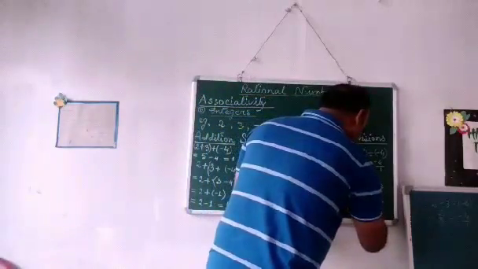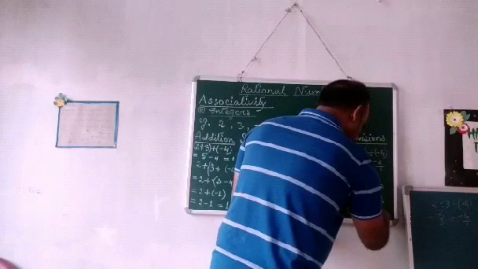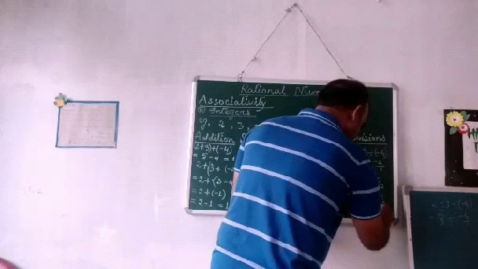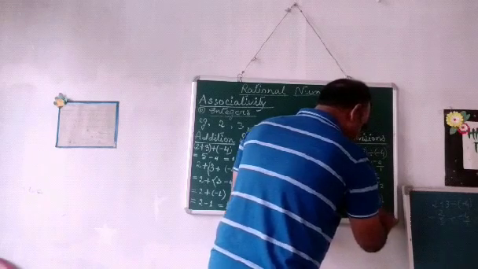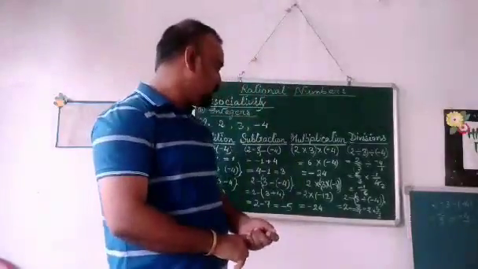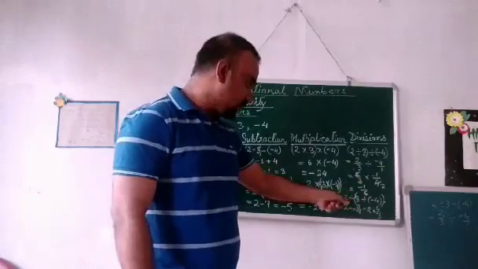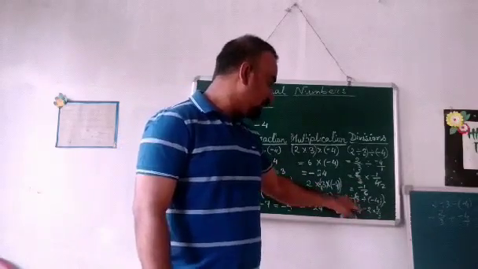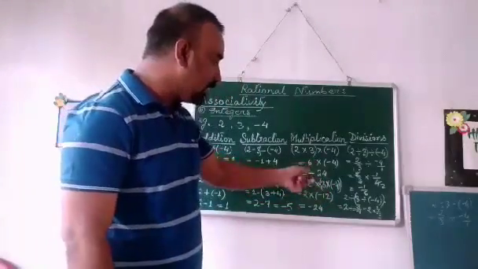Now that equals to, when you change the divide to into, the number gets reciprocated. So 3 by minus 4 will become 4 by minus 3.